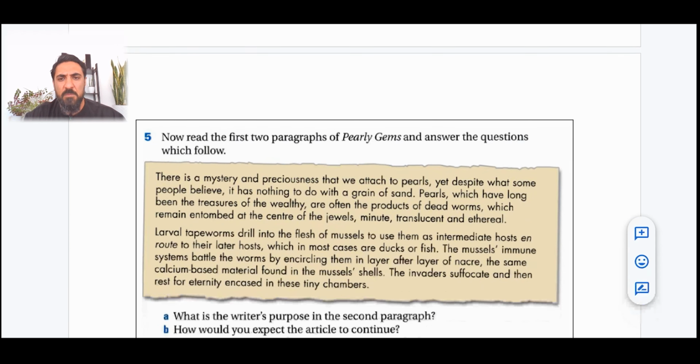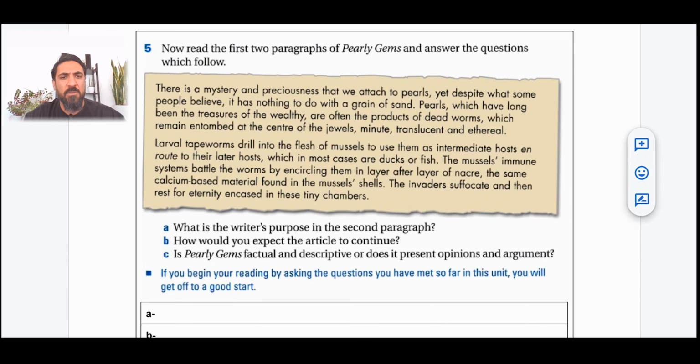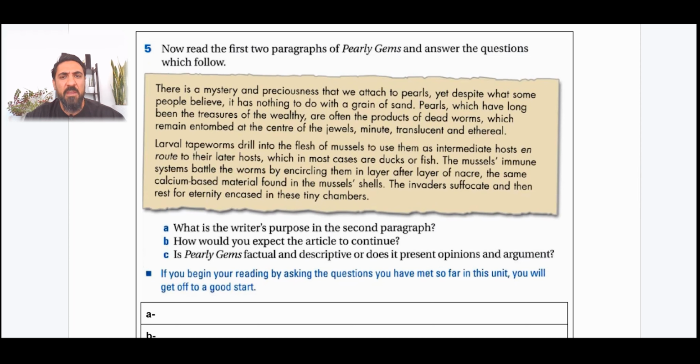The mussel's immune system battles the worms by encircling them in layer after layer of nacre, the same calcium-based material found in the mussel's shells. The invaders suffocate and then rest for eternity in these tiny chambers. So it says the worms go inside the shells.